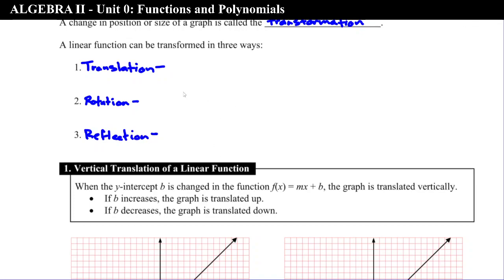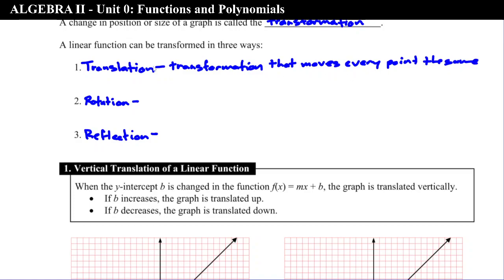Well, a translation is a transformation that moves every point the same distance in the same direction.